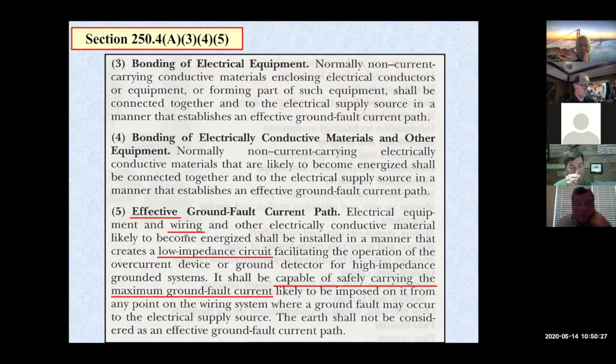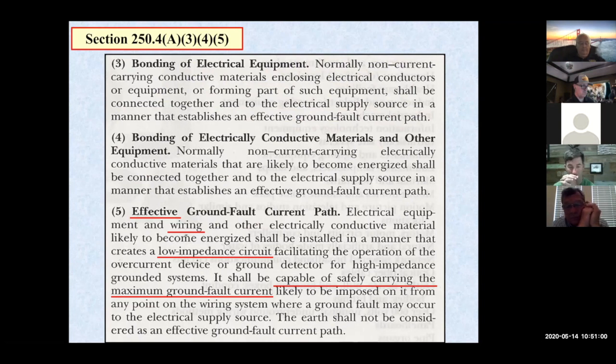Electrical equipment and wiring and other electrical conductive material likely to become energized shall be installed in a manner that creates a low impedance, low resistance path, facilitating the operation of the overcurrent device or ground detector for a high impedance grounded system. Shall be capable of safely carrying maximum ground fault current likely to be imposed on it from any point on the wiring system where a ground fault may occur to the electrical supply source.